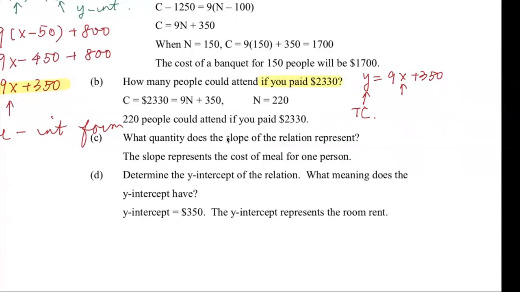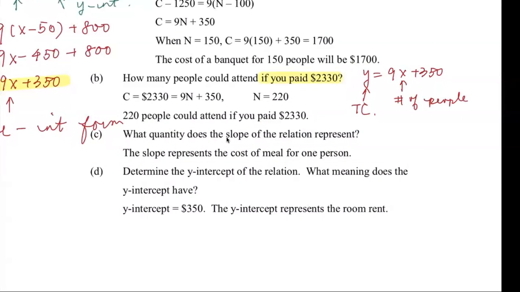X is the number of people. So how many people? This means we need to find X, right? This means if Y is equal to 2330, what is X? That's the translation of this question to math language.